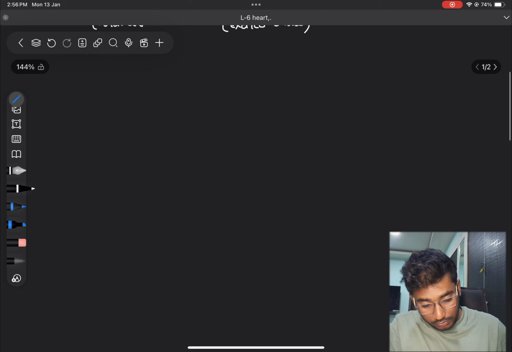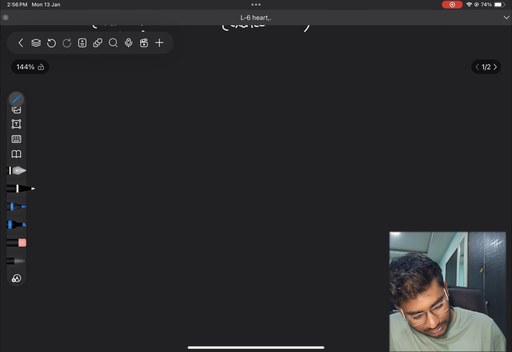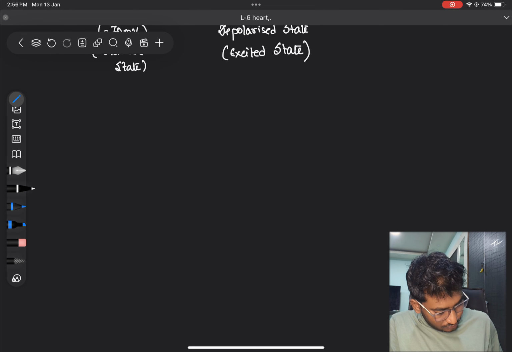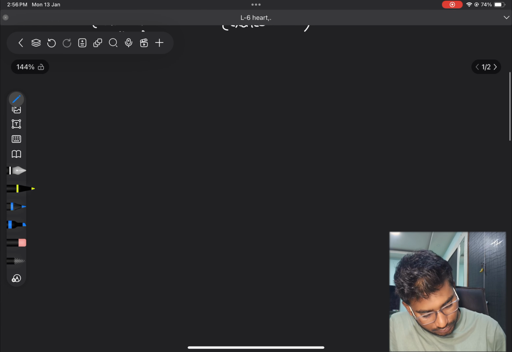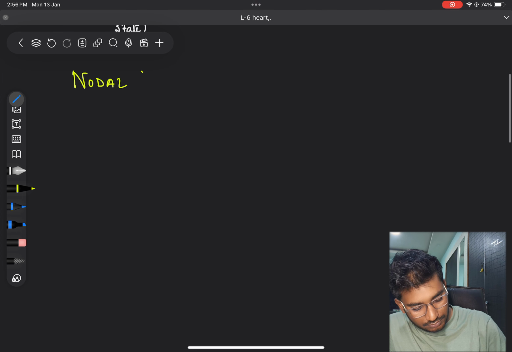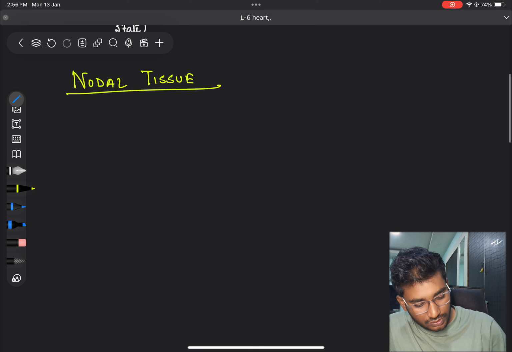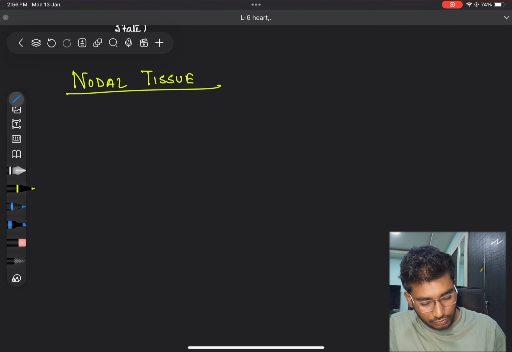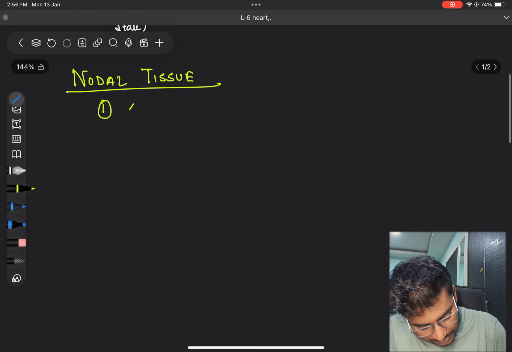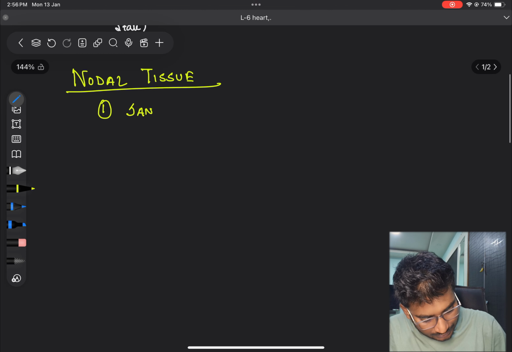Now we come to the nodal tissue. Give the heading as nodal tissue. So what do you mean by nodal tissue? Nodal tissue one is the sinoatrial node, SAN.